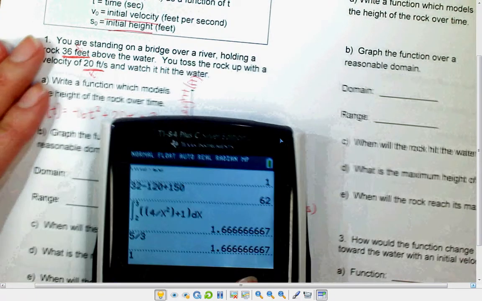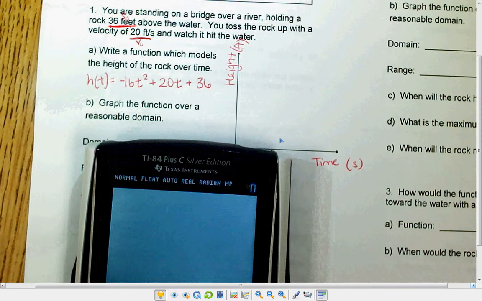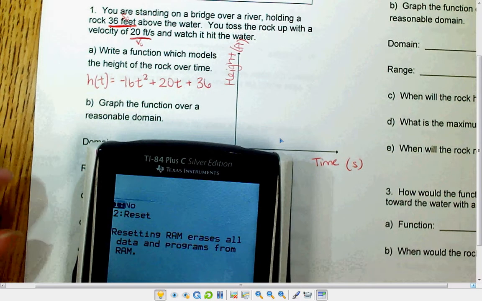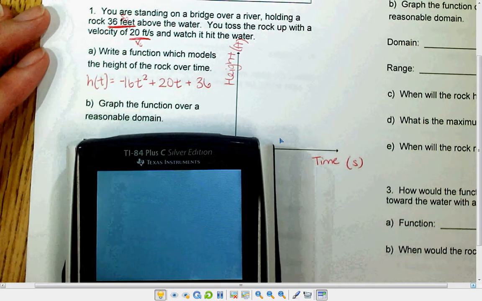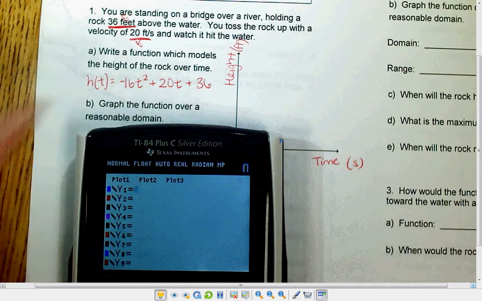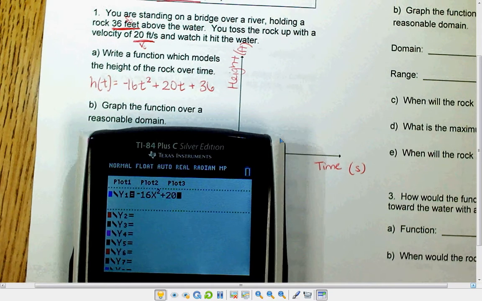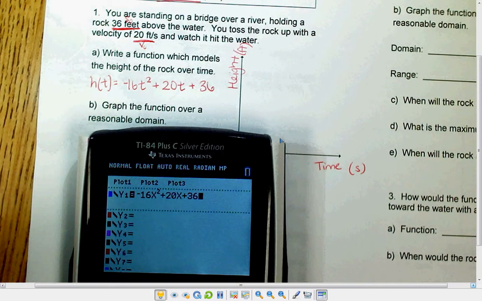So back to our calculators, let's start off by clearing the memory. So second plus 7, 1, 2. Make sure our calculator is starting off clean. And we're going to go to y equals and type our equation into our first y1. So we have negative 16x squared plus 20x plus 36.